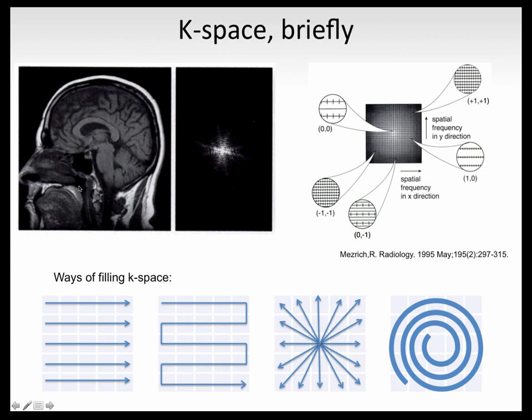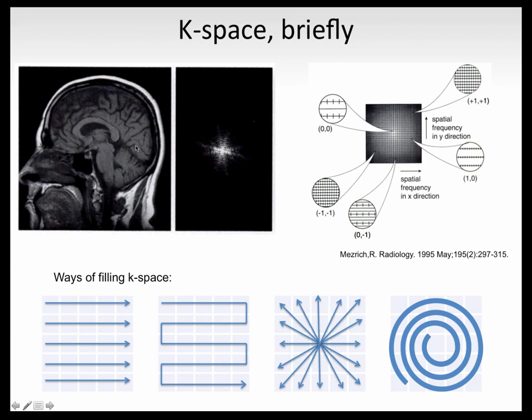It's just a fact that instead of getting images in what you would normally be used to seeing, which is image space, we're actually acquiring something in reciprocal space. This should be made more clear in a future lecture. But briefly, reciprocal space is a weighting of all of the frequencies that are incorporated in the image.